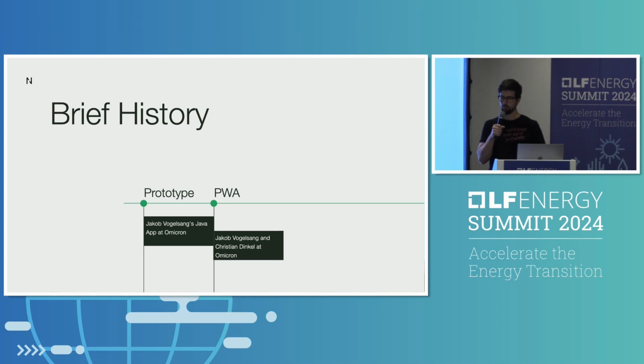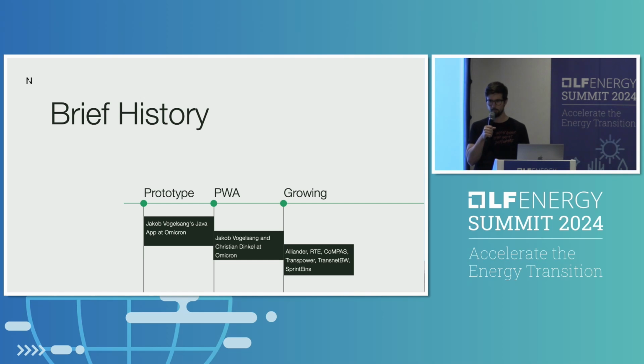Basically, they chose the web platform instead of a desktop application. Then the project got attention and started growing. Alliander, for example, with CoMPAS, chose OpenSCD as its front end. Then Transpower checked out the app, and again, because of the plugin system and the technical decisions, tried it out, and they still use it today, create plugins, and use it in production.